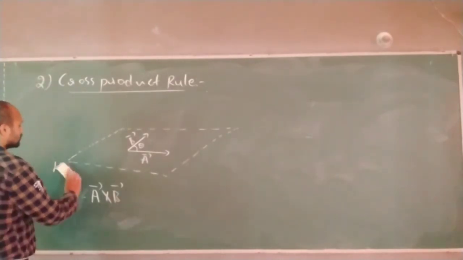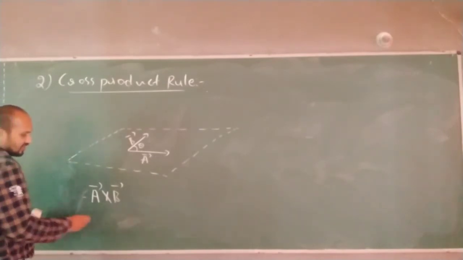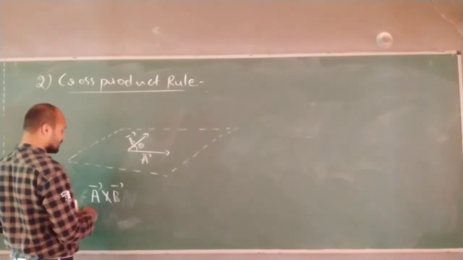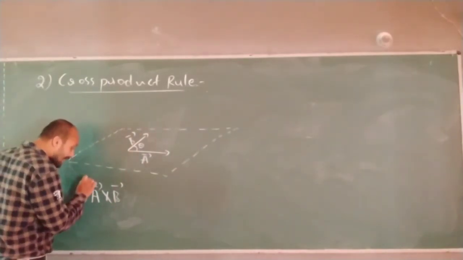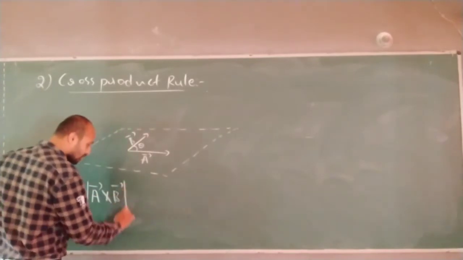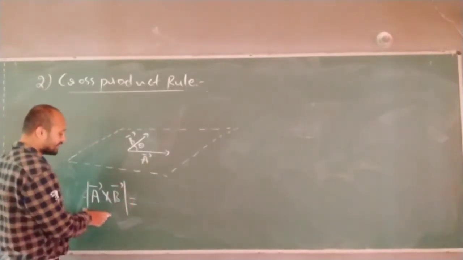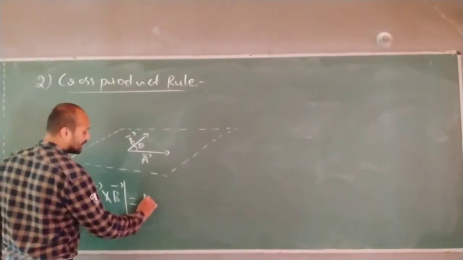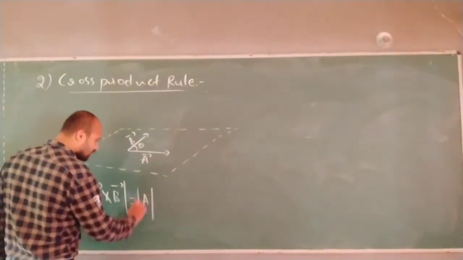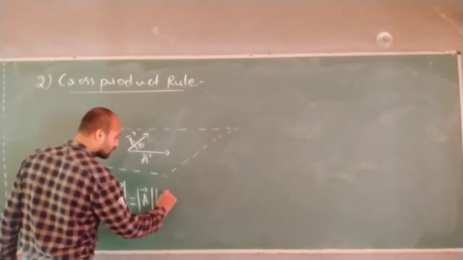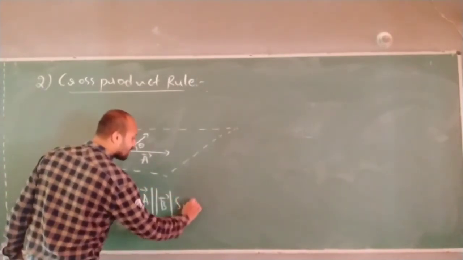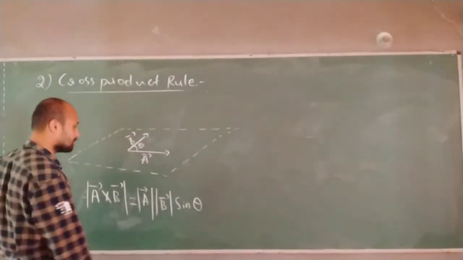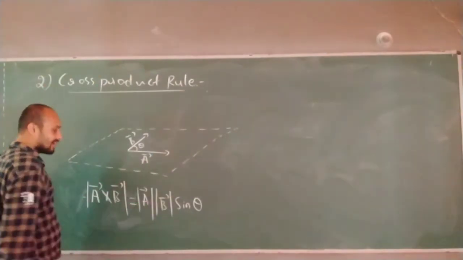Here, A cross B is defined by its magnitude. The magnitude of vector A cross B is given by the magnitude of A, the magnitude of B, and the sine of the angle between them, the angle between the two vectors, correct?